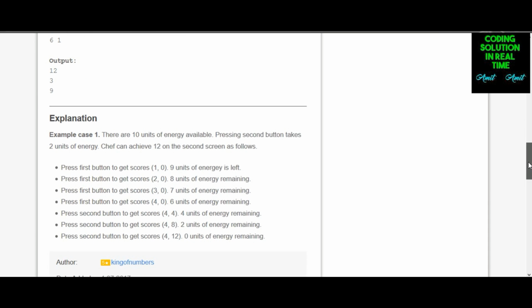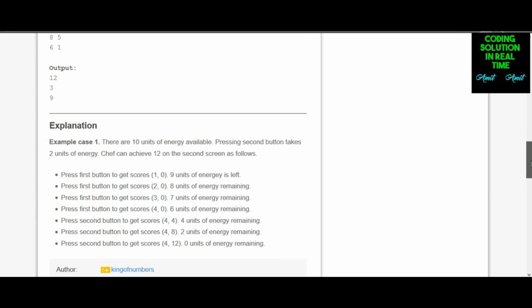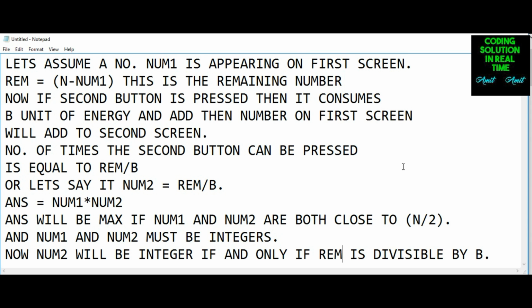So now let's move on to the logic section. Let's assume a number num1 is appearing on the first screen. So my remaining units of energy will be N minus num1.